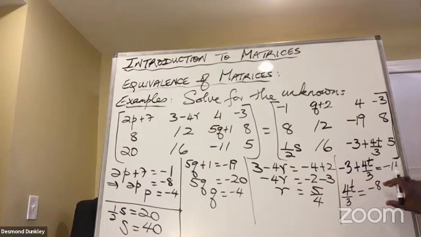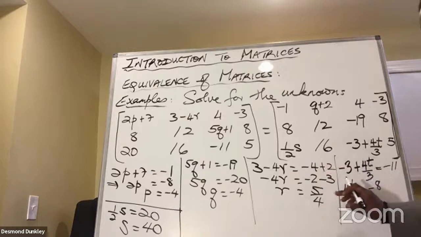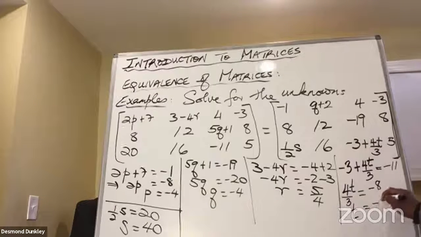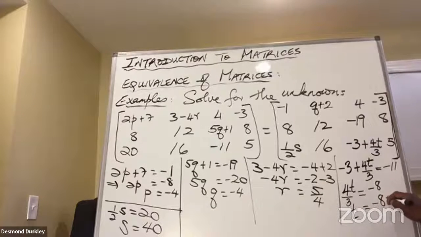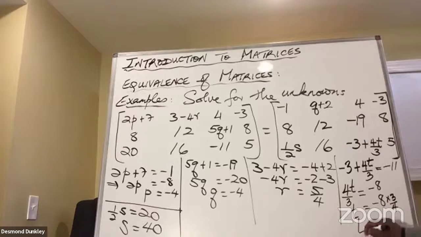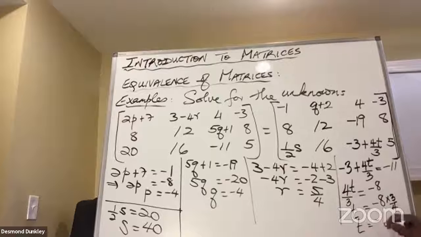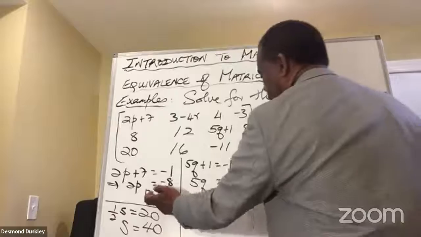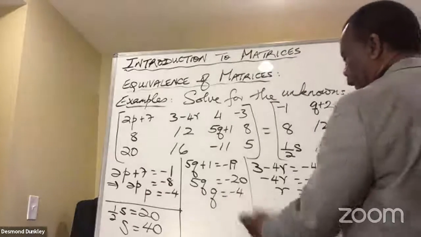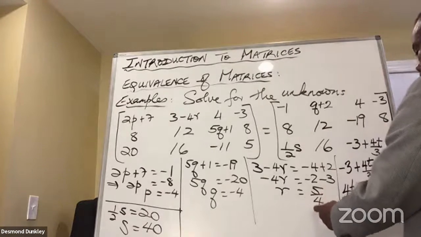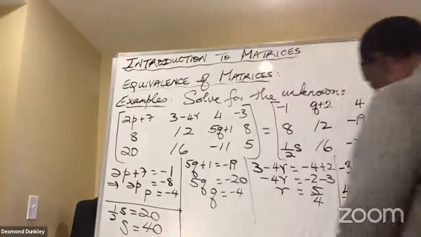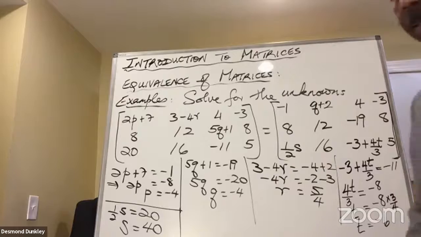If I multiply both sides by 3/4, I end up with T equal to -8 times 3/4. So T equal to -6. So those are our answers. P is -4, Q is -4, R is 5/4, S is 40, and T is -6.